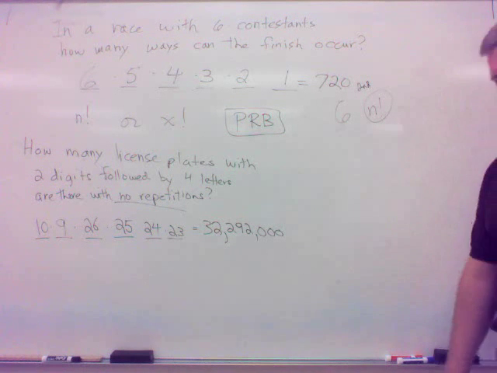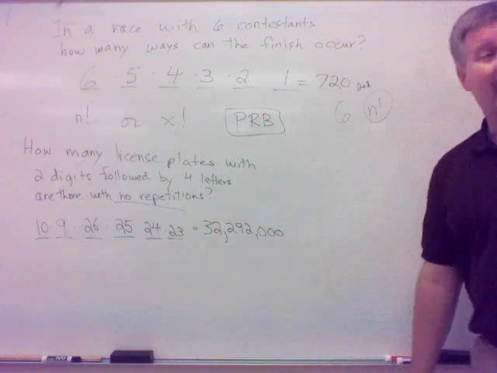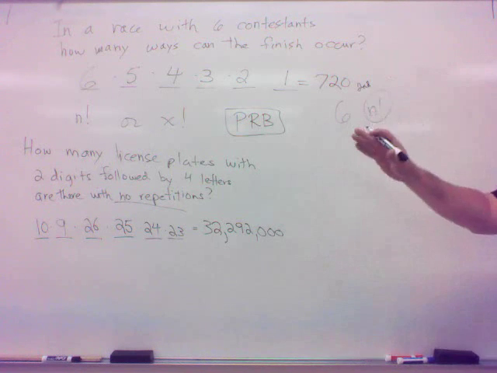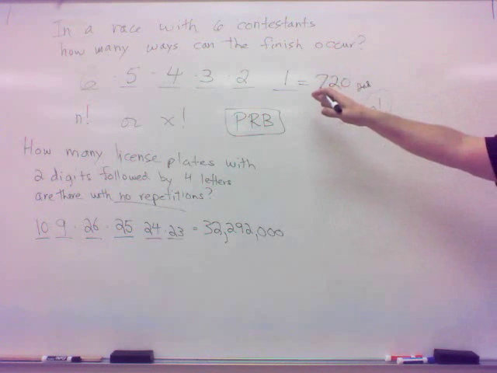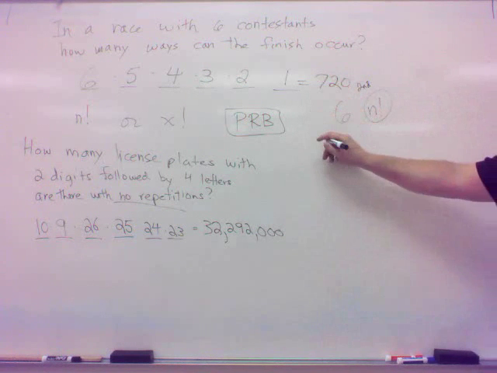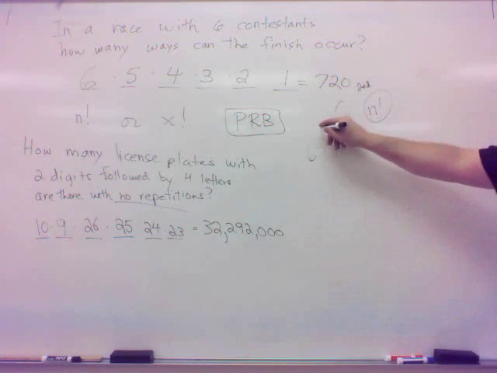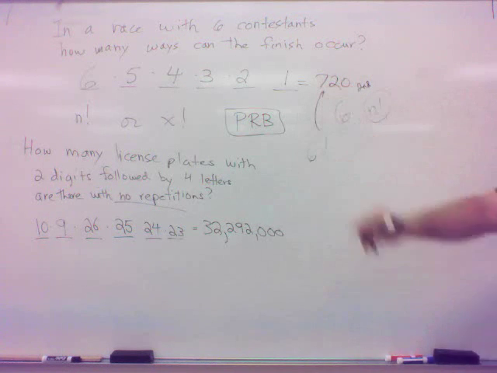I'll help you figure it out. Some of it just depends on the calculator you have. Once you get that all figured out, what do you get if you do 6 and then the little factorial? What you're calculating is 6 exclamation point. What do you get?